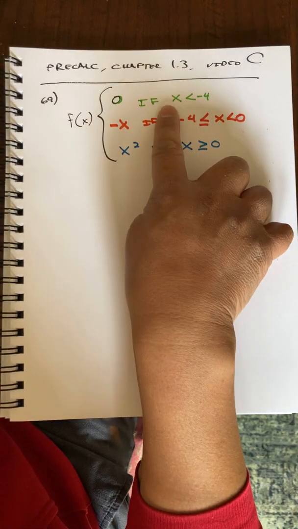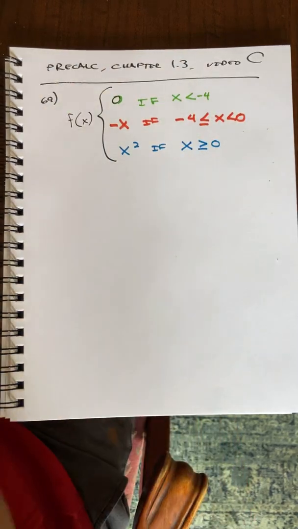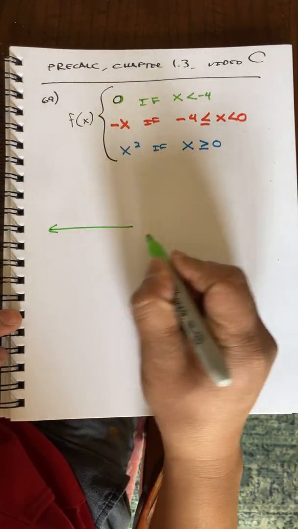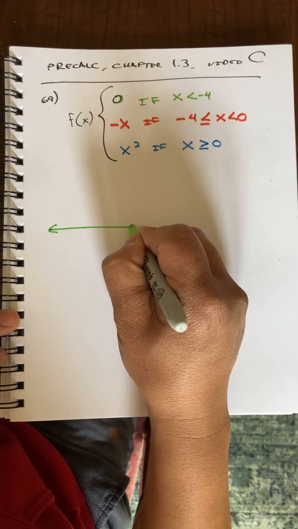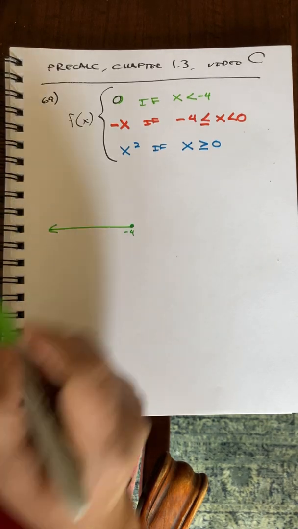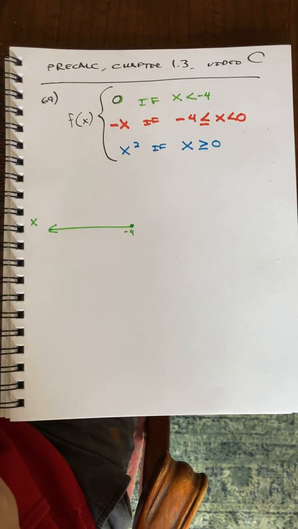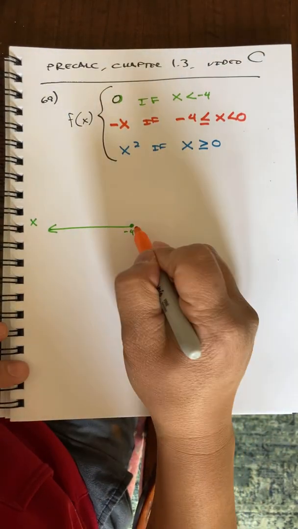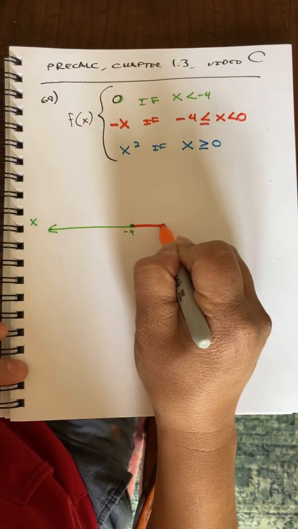Okay, so from when x is less than -4, that includes negative infinity to this point, -4, okay? And this is my x-axis, by the way, that I'm drawing. And then from -4 to 0, I'm in that orange zone, okay?